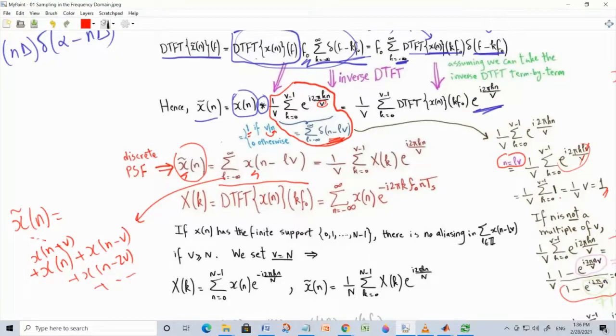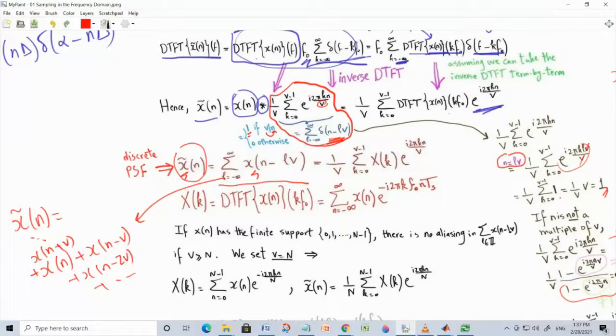So basically, x tilde of n will give you this periodization of x of n. X of n is replicated at all integer multiples of v, and then you have a sum of all those replicas. So this is what happens in the time domain if in the frequency domain you multiply by the train of Dirac deltas.